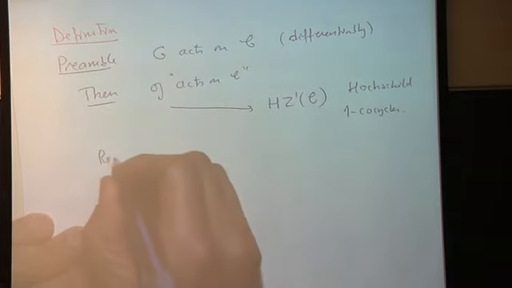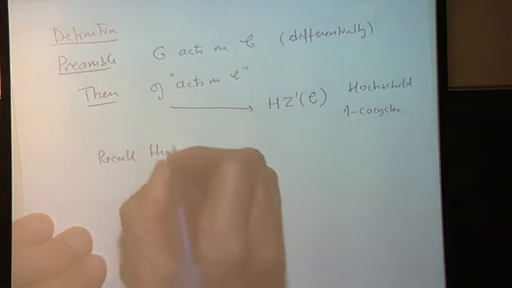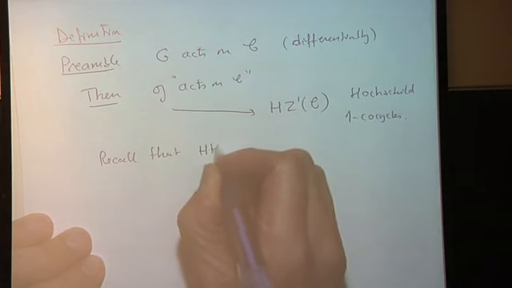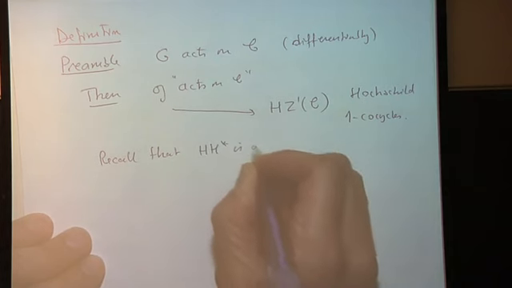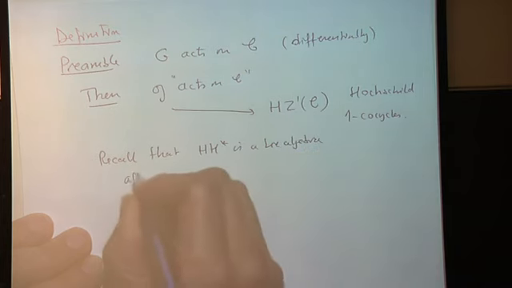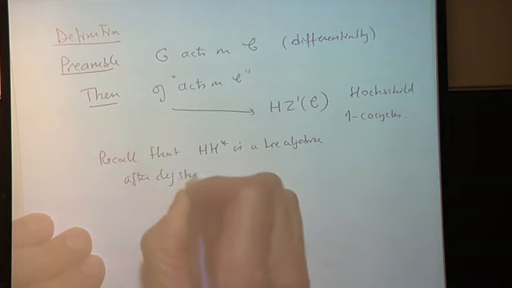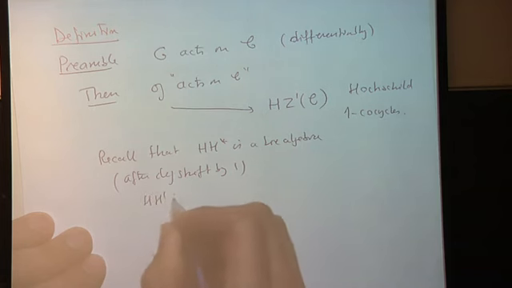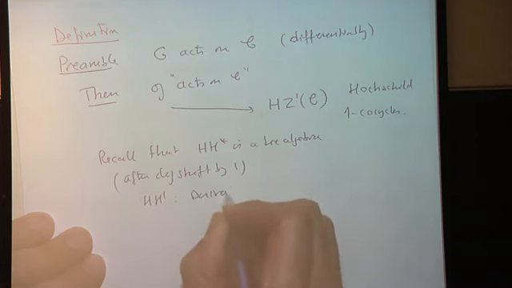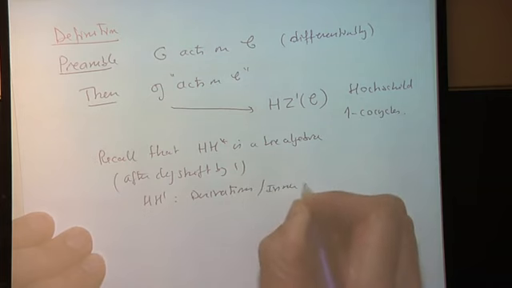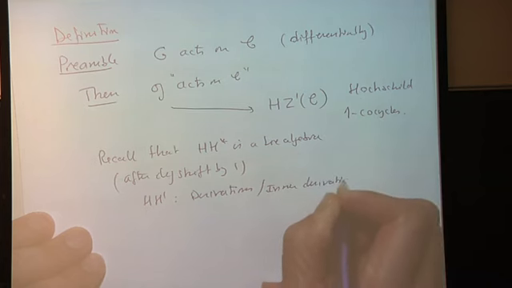And recall that Hochschild cohomology is a Lie algebra after degree shift by 1. And H1 are the derivations, at least for an algebra, derivations modulo inner derivations we had before.